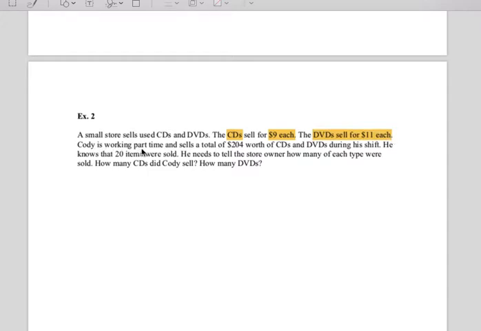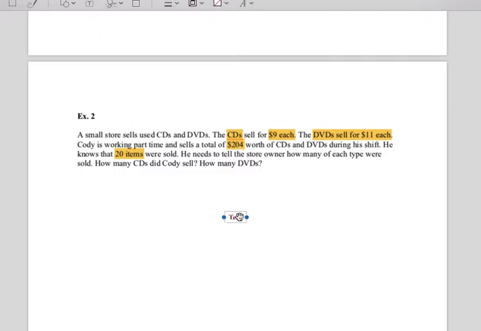So Cody is working part-time, and he sells a total of $240 worth of CDs and DVDs during this shift. He knows 20 items were sold. He needs to tell the store owner how many of each type were sold. So we need to find out how many CDs and how many DVDs he sold.